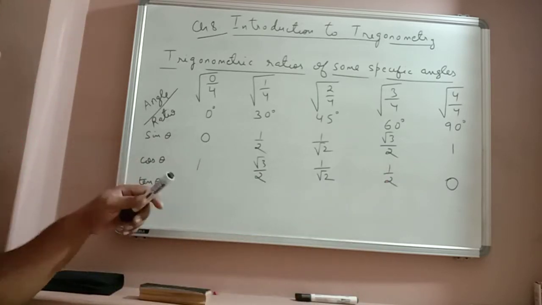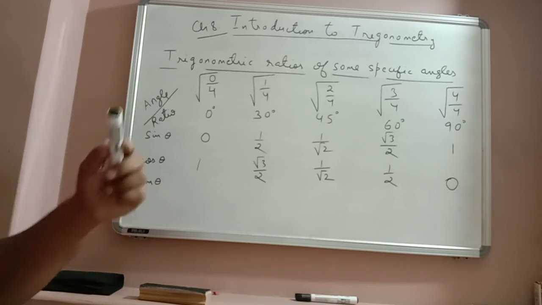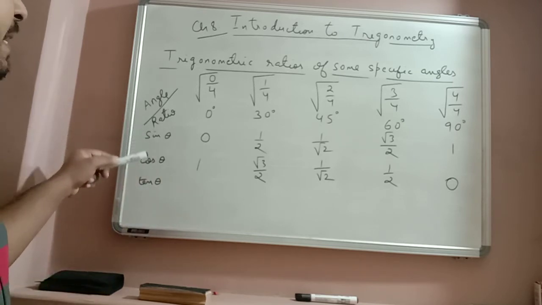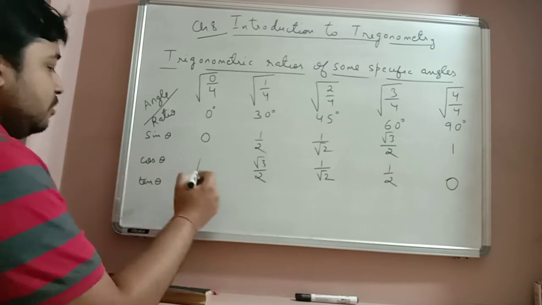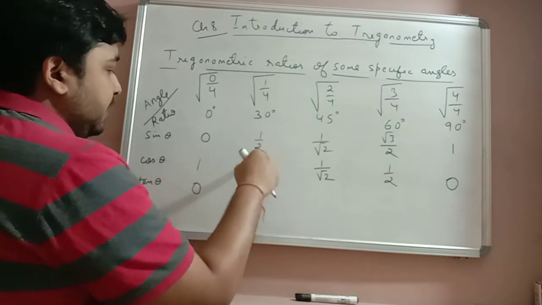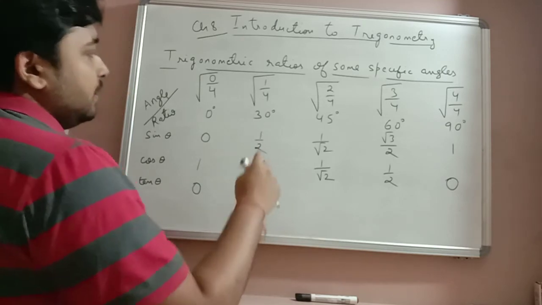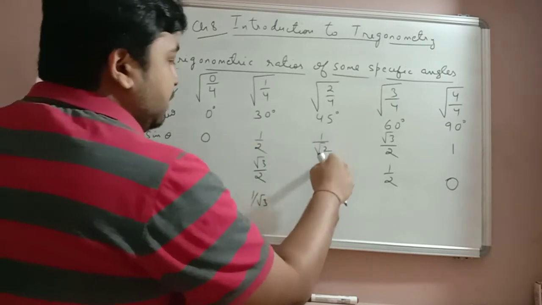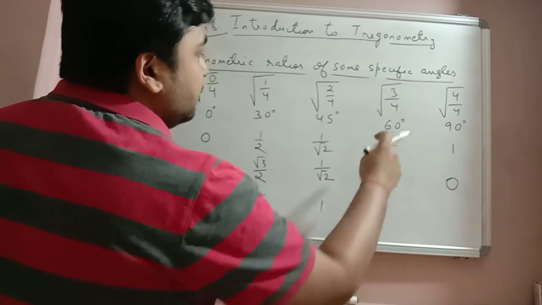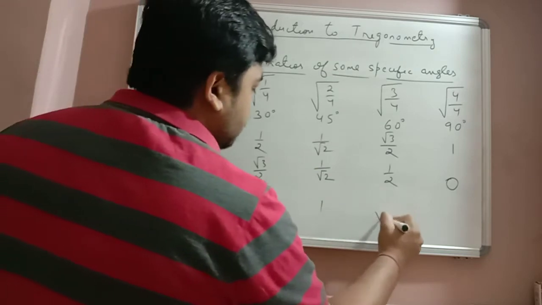Now for tan it is very simple. Let's divide sine and cos, because tan theta is given by sine theta by cos theta. So tan 0 will be 0 by 1, that is 0. Tan 30 degree will be 1 by 2 by root 3 by 2, that will be 1 by root 3. Tan 45 degree will be 1 by root 2 by 1 by root 2, that is 1. Tan 60 degree will be root 3 by 2 by 1 by 2, that is root 3.